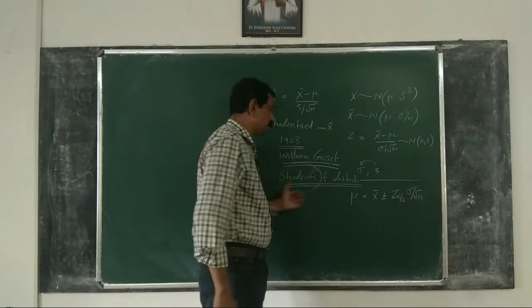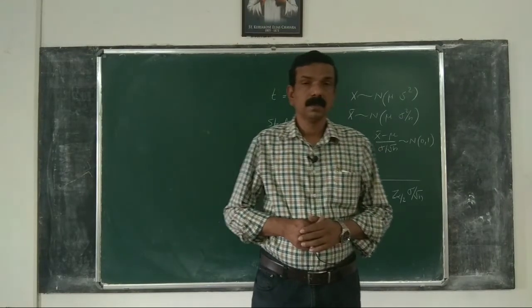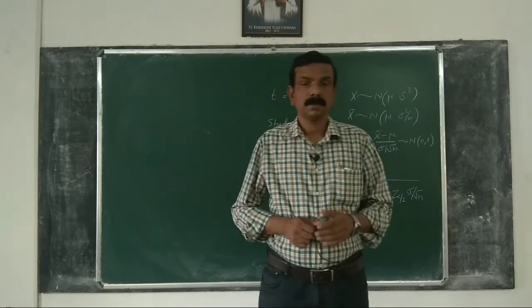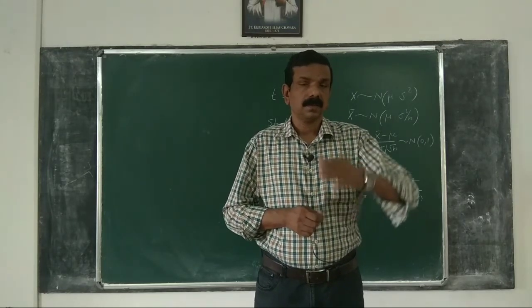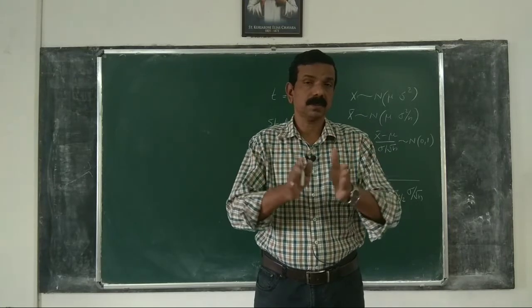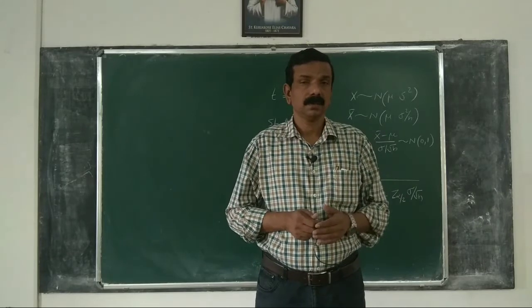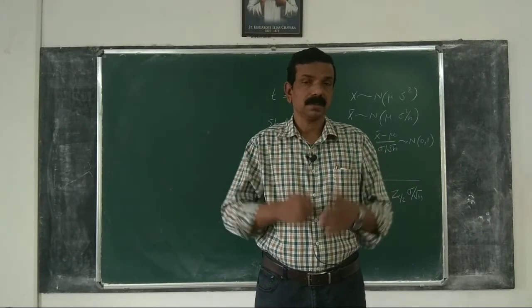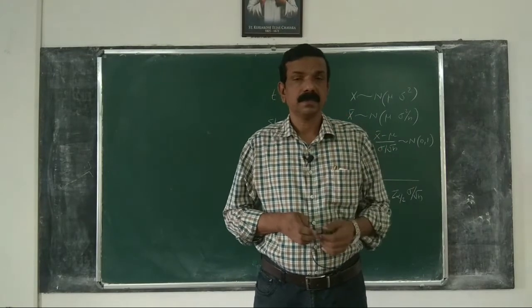So the name Student's T distribution. And remember this, in applied statistics, for hypothesis testing, we use the T distribution in most cases rather than the Z distribution, because in most cases the population standard deviation will be unknown.